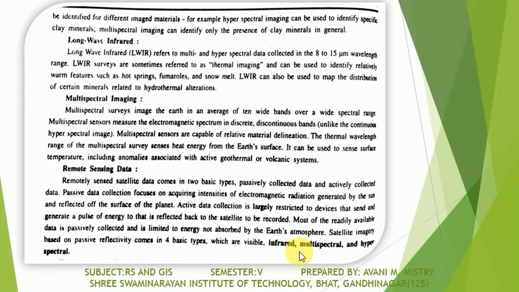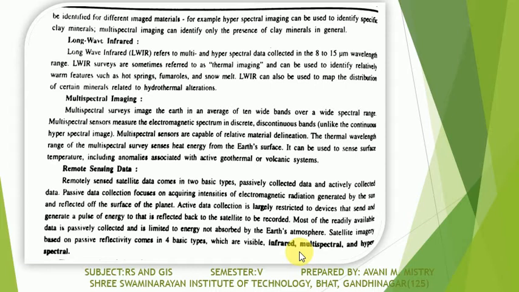Remote sensing data. Remotely sensed satellite data comes in two basic types: passively collected data or actively collected data. Passive data collection focuses on acquiring the intensity of the electromagnetic radiation generated by the sun and reflected off the surface of the planet.